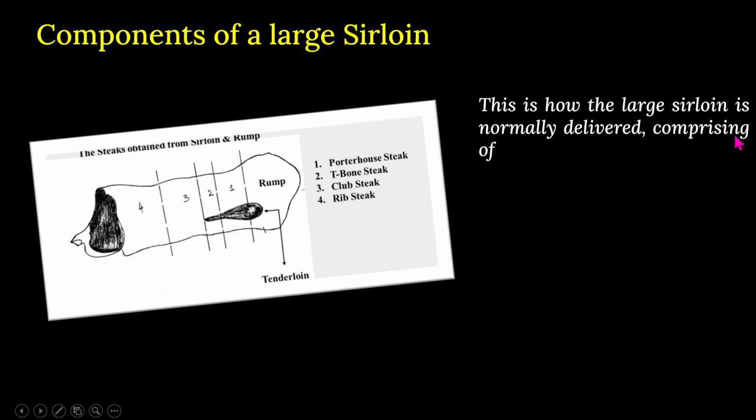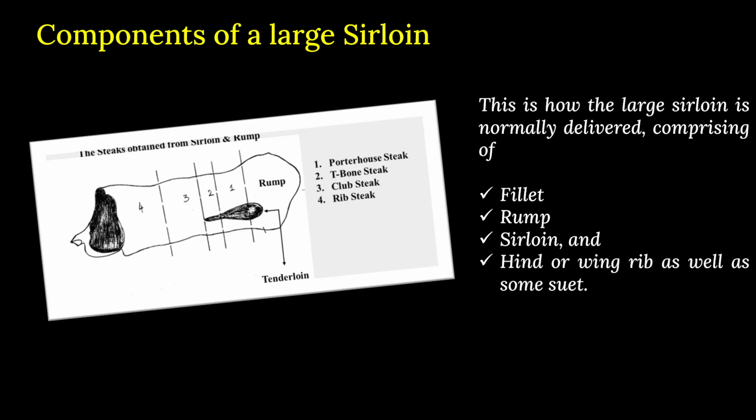This is how the large sirloin is normally delivered, and what are the component parts? The fillet, already I have mentioned. Rump is also there, and sirloin, this is the sirloin part, and hind or wing rib as well as some suet.